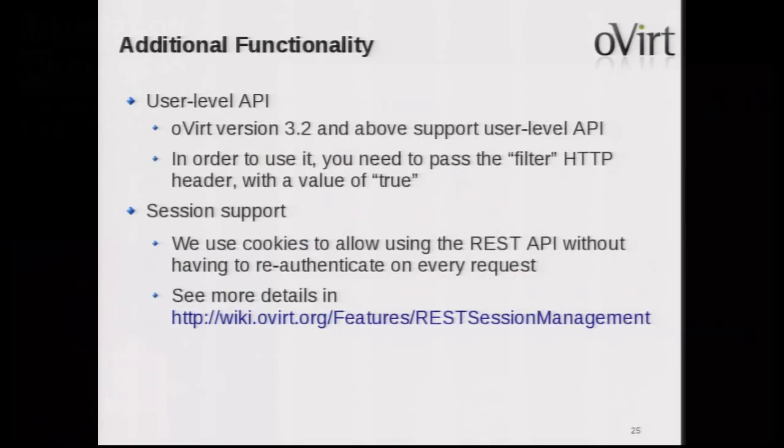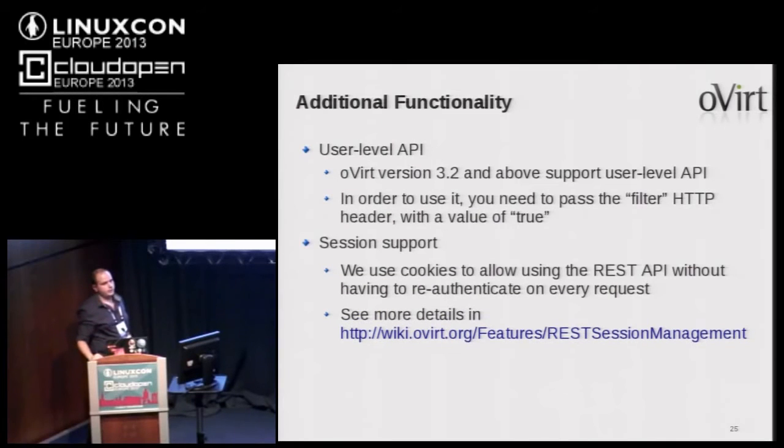An additional functionality we have in the API that was added about, I think, a year ago. One of them is a user-level API. At first, we only had the admin API. In order to access the API, we needed to have admin permissions in the oVirt engine. I won't go over what admin permission means and how it's created in the oVirt engine, but basically, you needed to be an administrator. And now we also support user-level API.